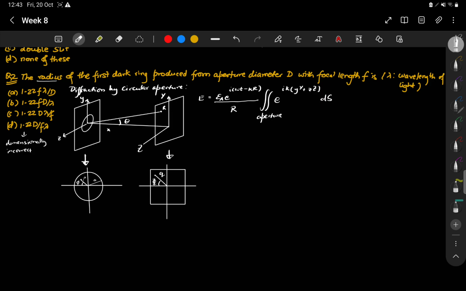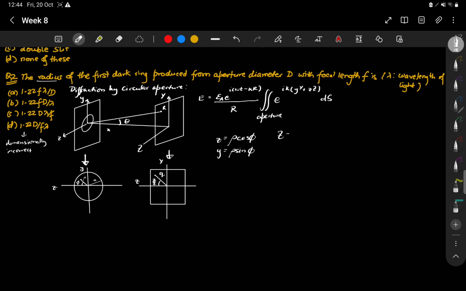Okay, then from these we know that Z is rho cos phi, because this is Z, this is Y, this is capital Z, this is capital Y, and Y is rho sin phi.